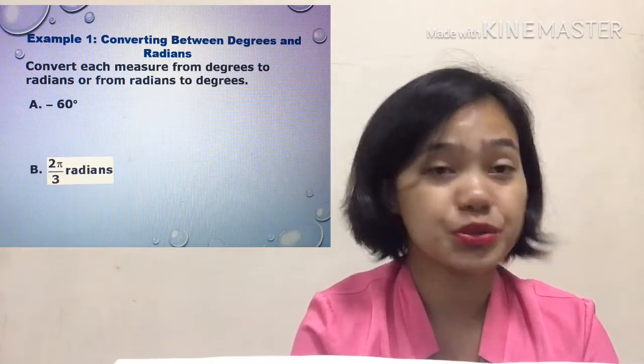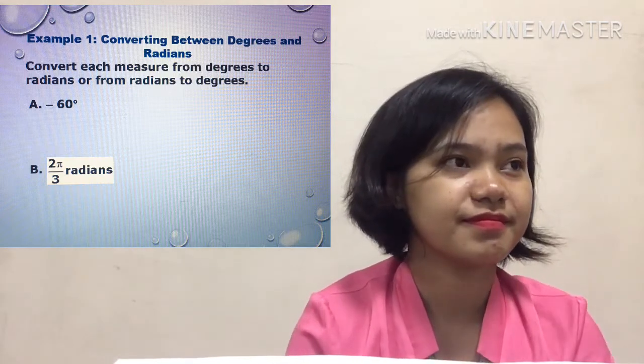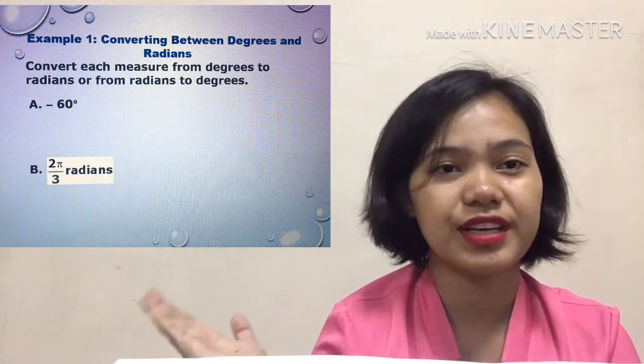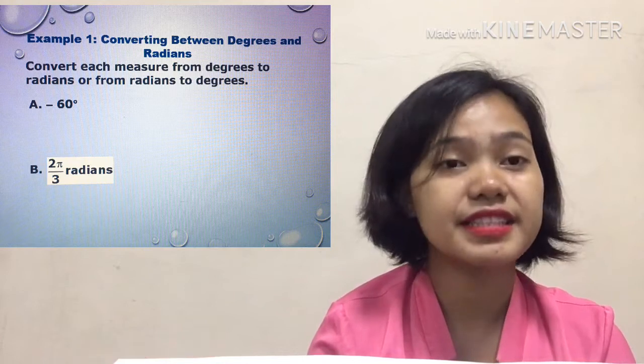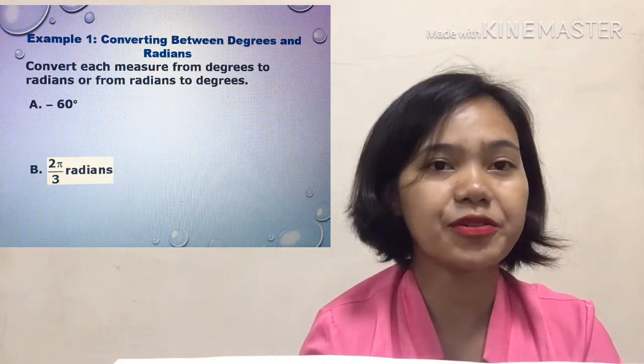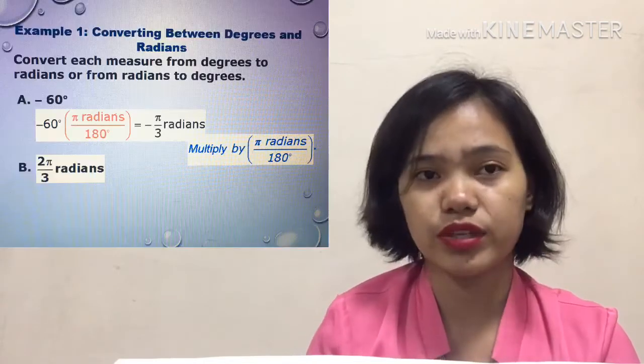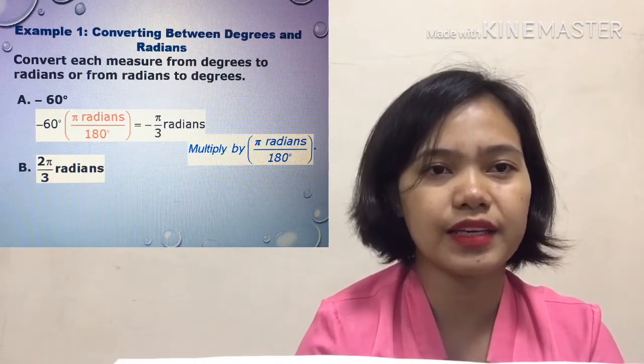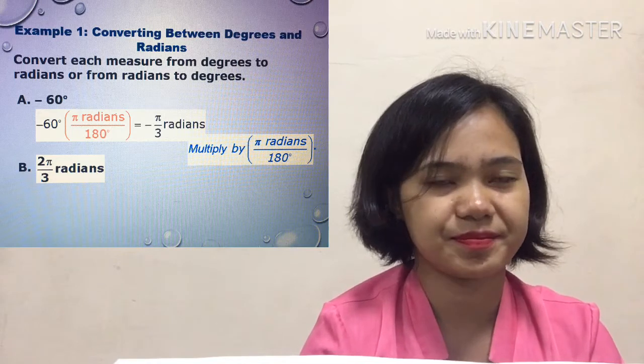So how to do it? We have negative 60 degrees times pi radians over 180 degrees is equal to negative pi over 3 radians.